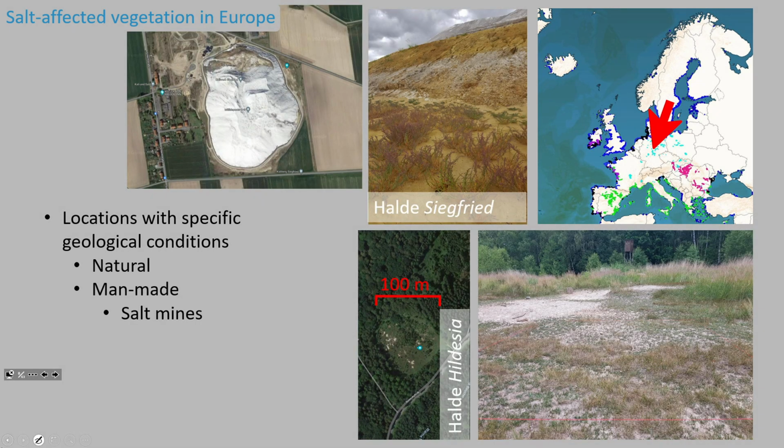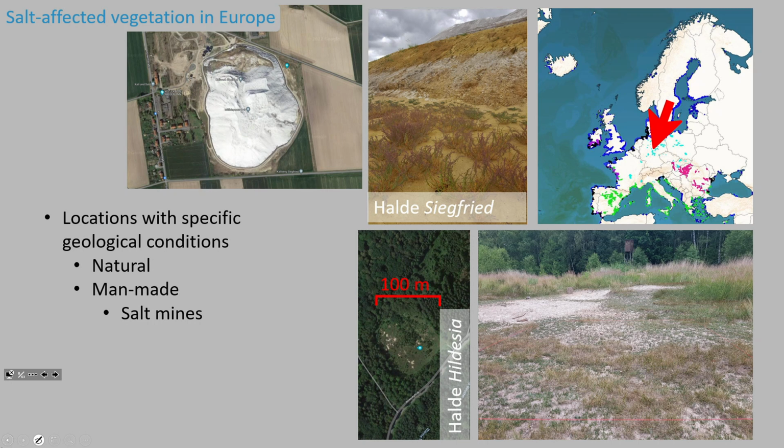And then we have man-made sites that are related to salt mining. These are also examples from Germany because it just happened that I was there last summer. And you see two examples of mining sites.